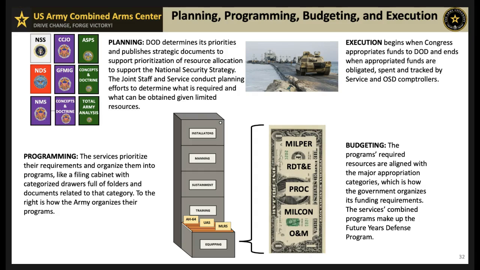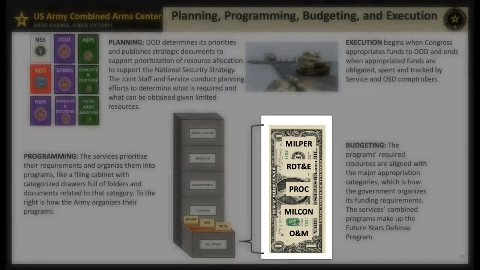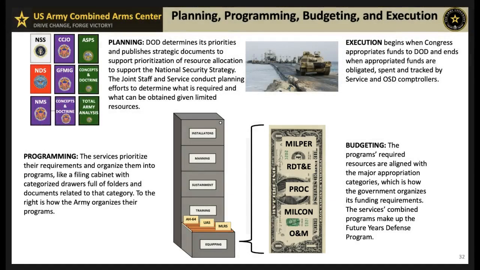Budgeting. Required resources for programs are aligned with major appropriation categories, such as MILPERS, or military personnel, RDT&E, that's research, development, test, and evaluation, procurement, military construction, and O&M, operations and maintenance.